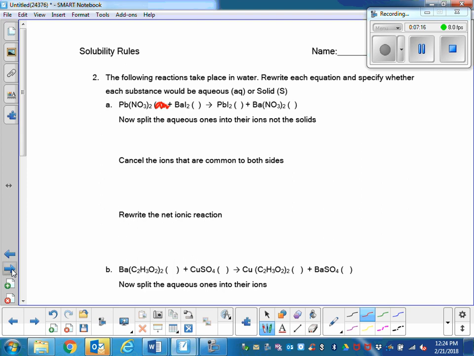Just look barium up and look iodine up. I'm coming back to you for the next example. David, what do you have for barium and iodine? BaI2 is AQ. Back to Luke. What do you have for PbI2? S. Salim, what do you have for barium and nitrate?